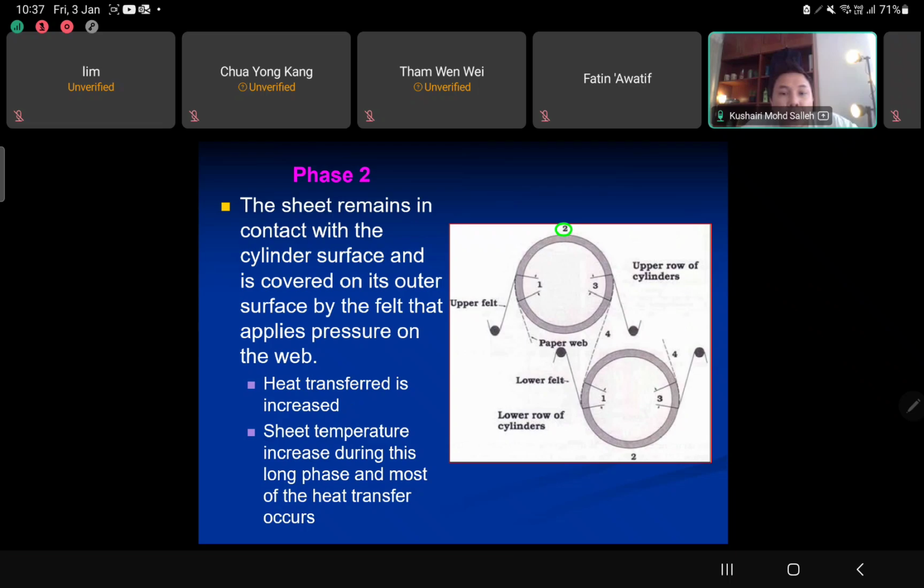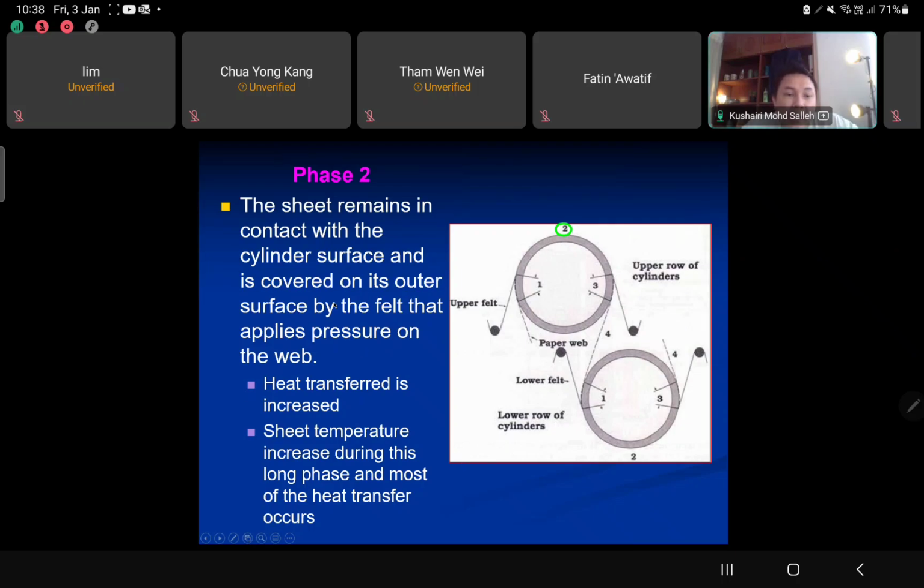And then we move forward to phase 2. The sheet remains in contact with the cylinder surface and is covered on its outer surface by the felt that applies pressure on the web. That's why I said the felt is very important, because it helps the drying process occur more efficiently.